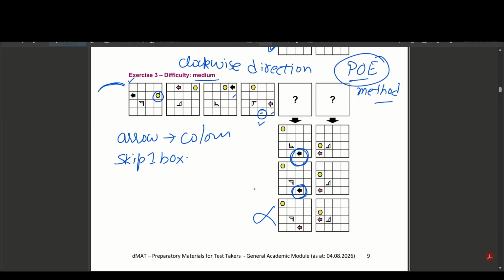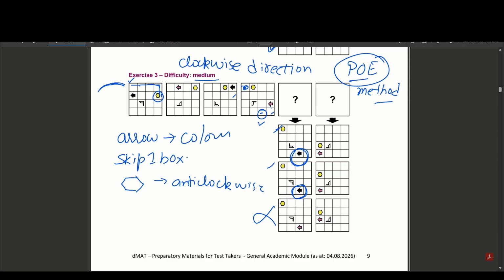So here the figure is moving anti-clockwise, from here to here, then again here, then the next part would be here. So again these two options are correct.